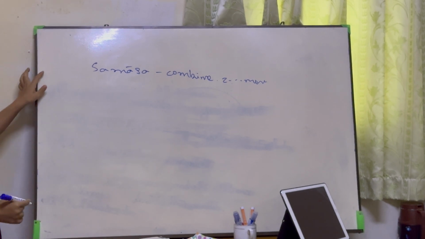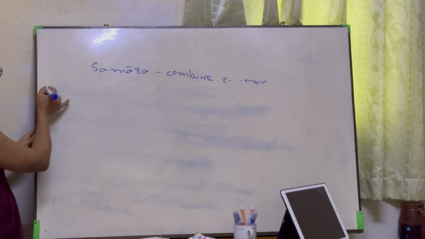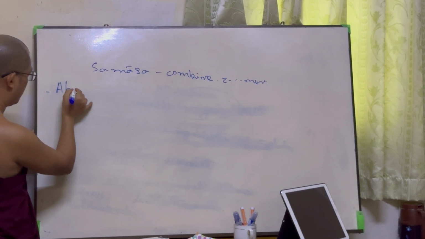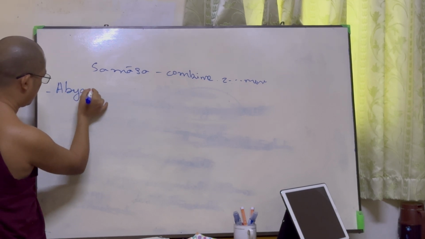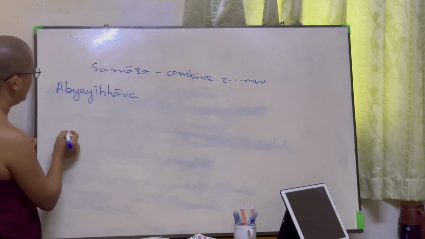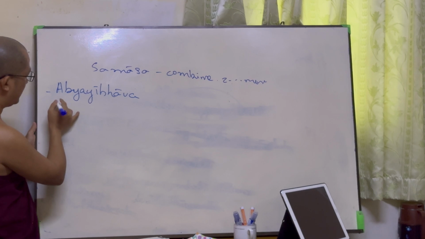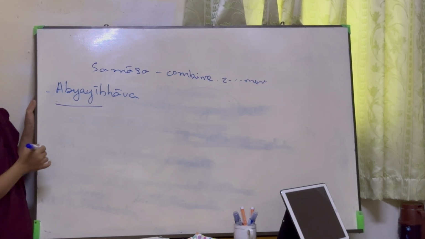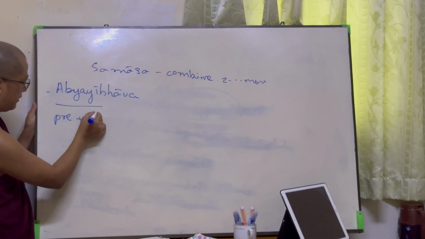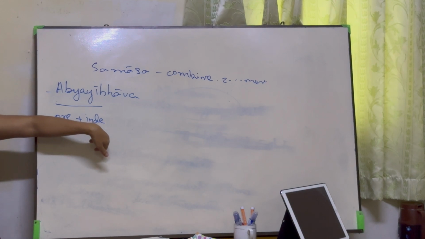Okay, first we study the Samāsa. Samāsa is generally of six types. Abhyayi Bhava. We already know Abhyaya is referred to as prefix and indeclinable. Prefix means upasagga, indeclinable means nipata.